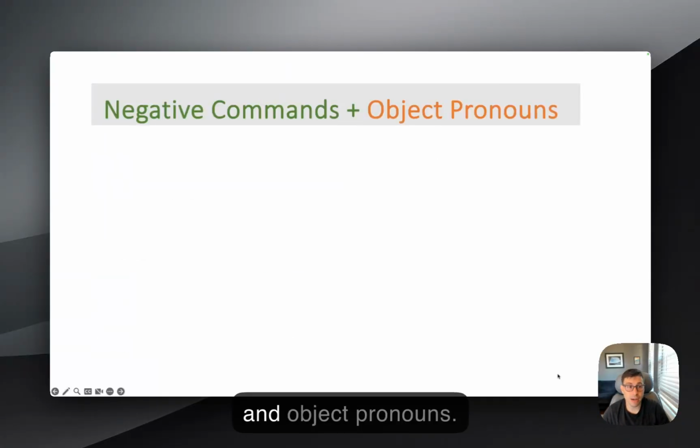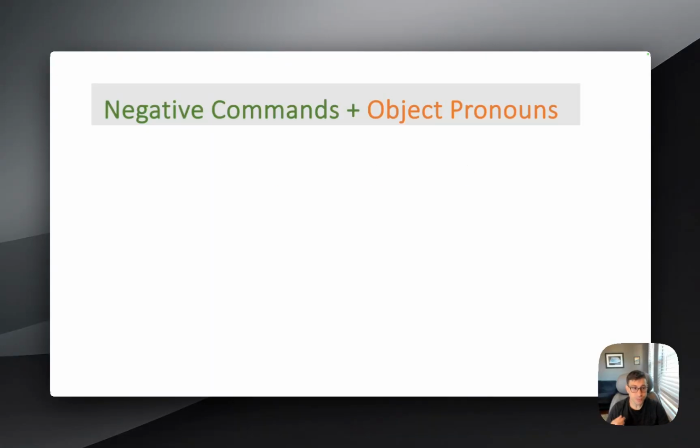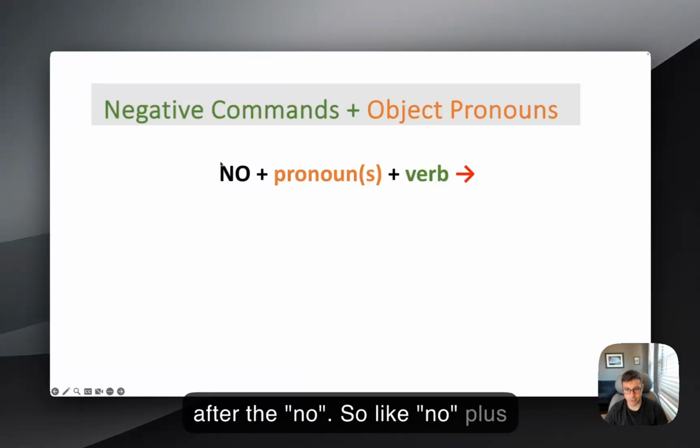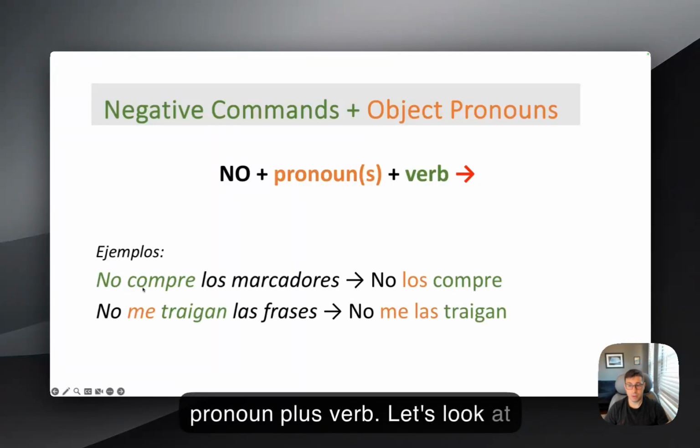And now let's look how to combine negative commands and object pronouns. When the command is negative, the pronouns go before the verb and after the no. So like no plus pronoun plus verb. Let's look at some examples. No compre los marcadores. No los compren. We can see los, the pronoun, instead of marcadores.